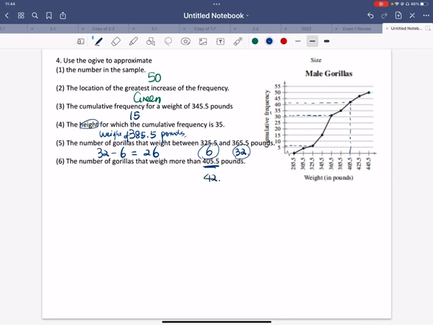So there are 42 gorillas less than 405.5 pounds. So how many are greater than? Because we have 50 in total, right? And 42 are less than. What's the rest? The 8 of them. There are 8 gorillas whose weight is more than 405.5.